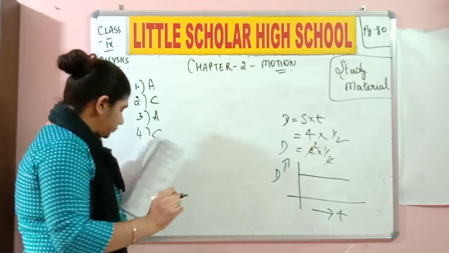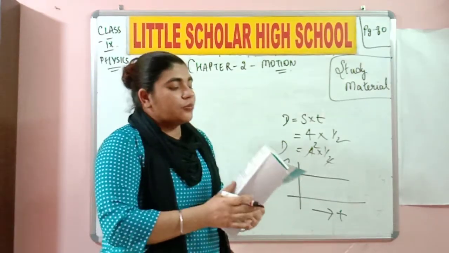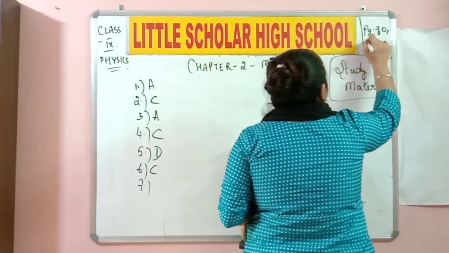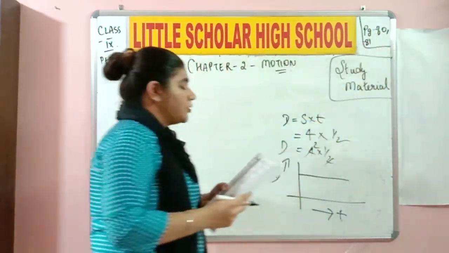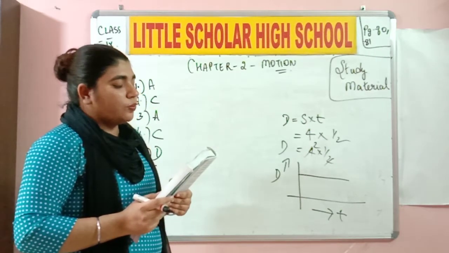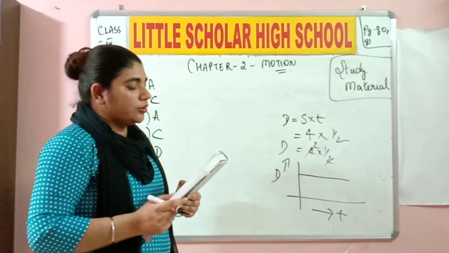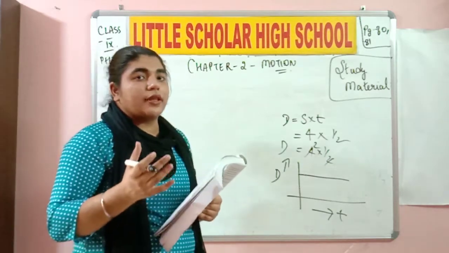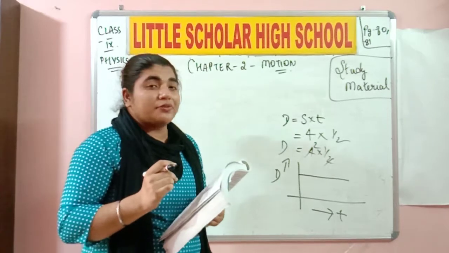Seventh one, come to page number 81. Area under velocity time graph is equal to the speed of the body? No, velocity also means that there is a certain direction. The distance traveled by the body?